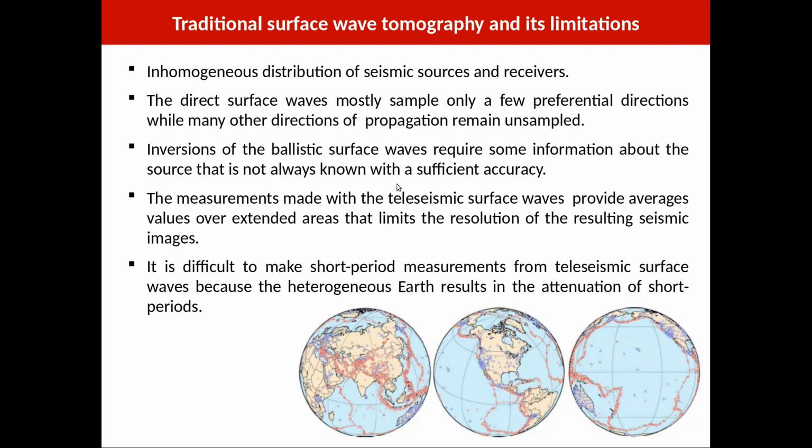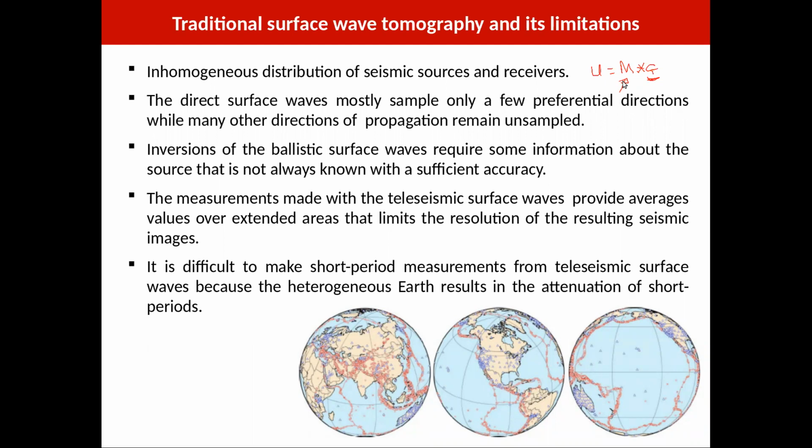We also need the location of the source to do the inversion. Remember that u is a convolution of the source and the medium. So if we are interested in retrieving the medium properties, the elastic properties, then we need some information about the source, which is the location, origin time, and depth.